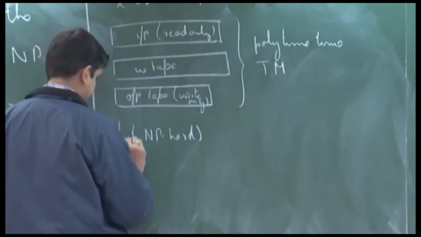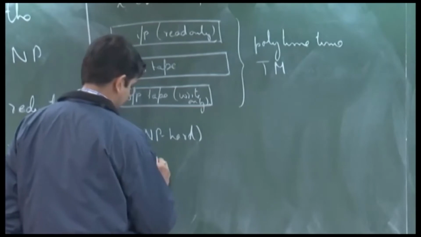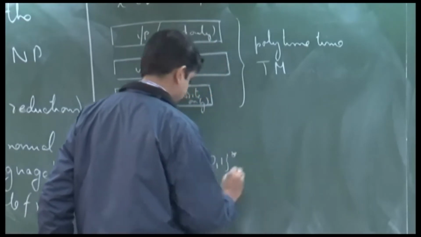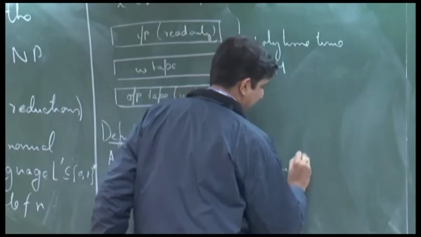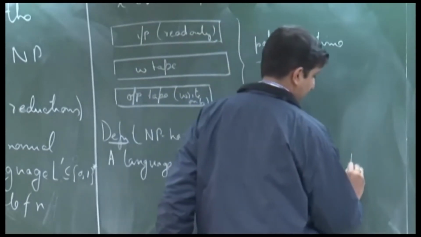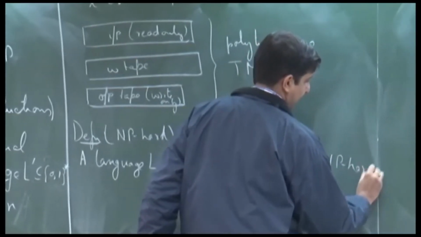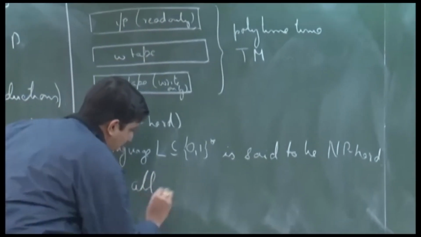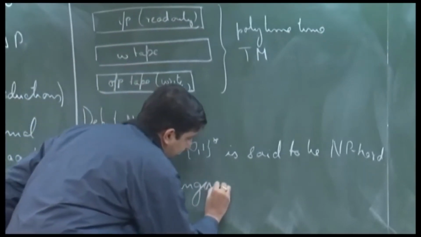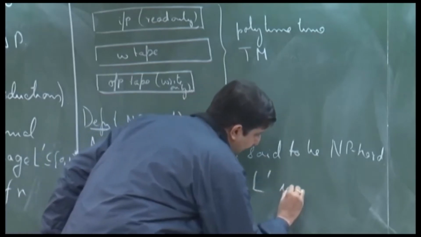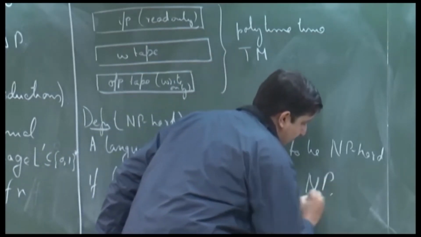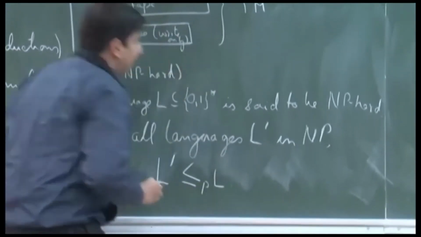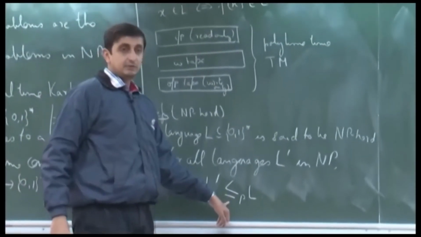A language is said to be NP hard if for all languages L prime in NP, L prime reduces to L.